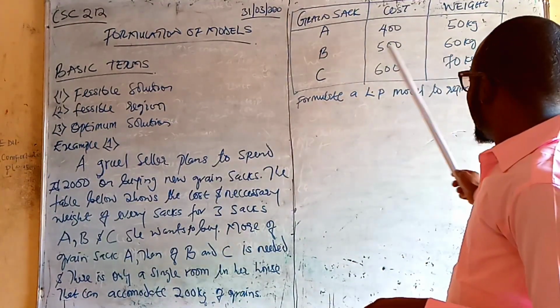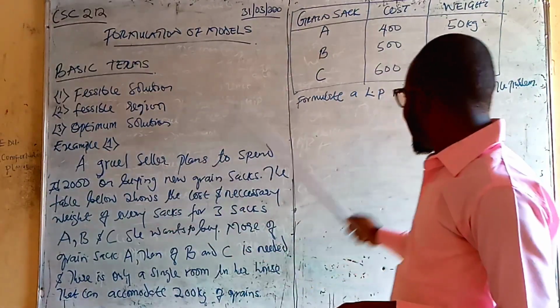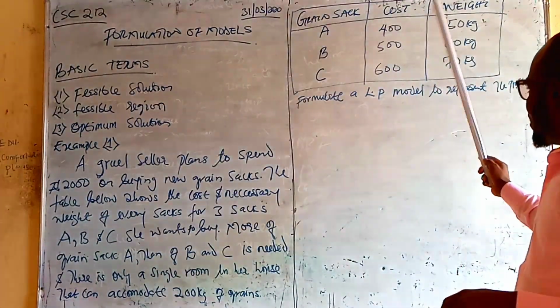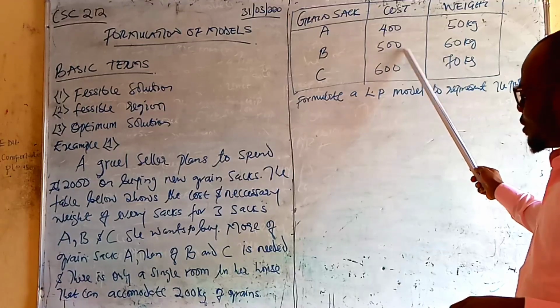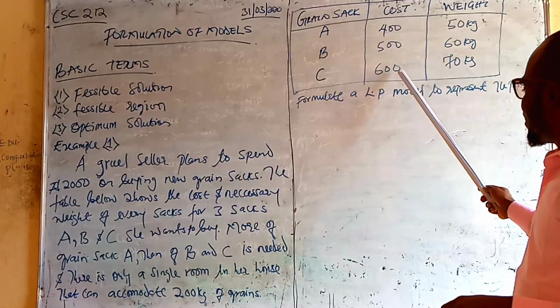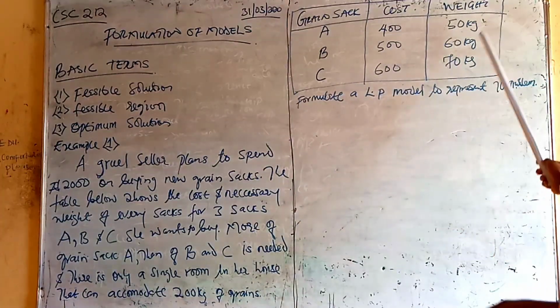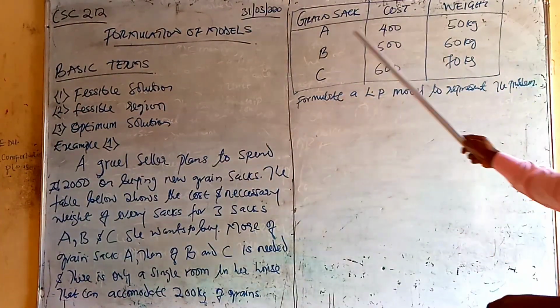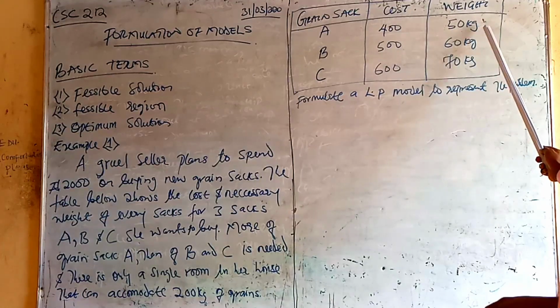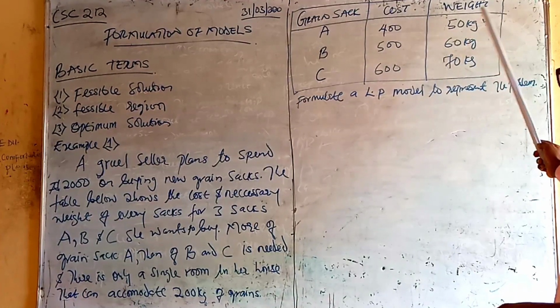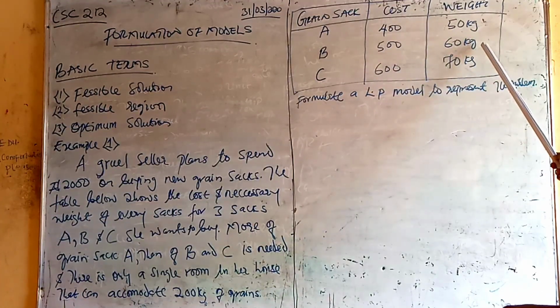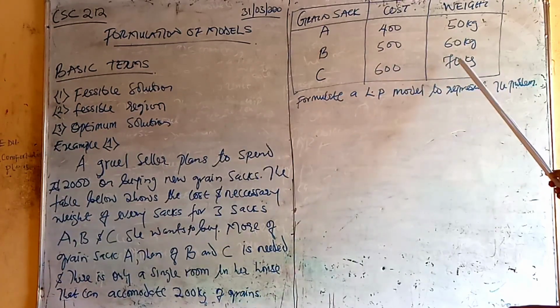Sack A has 400, sack B has 500, as well as 600 for sack C. This is the weight for every sack. Sack A is weighted as 50 kilograms, sack B is weighted as 60 kilograms, likewise sack C is weighted as 70 kilograms.